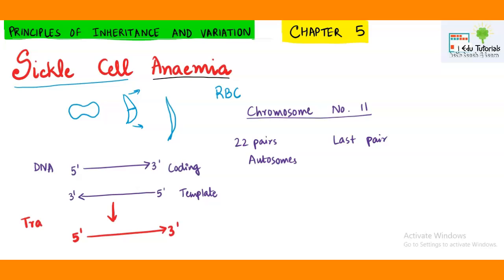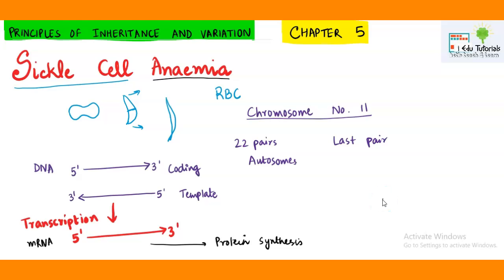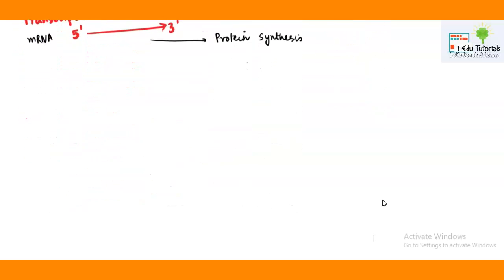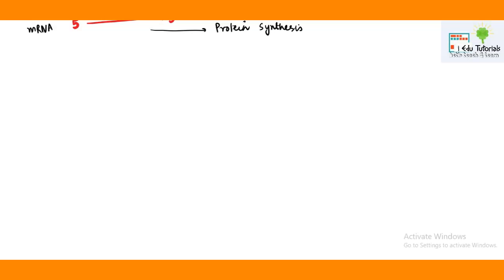Means by the process of transcription, DNA synthesizes messenger RNA, and this messenger RNA helps in protein synthesis, and proteins are actually polymers of amino acids, meaning they contain numerous units of amino acids. Now, as we have understood transcription and protein synthesis, it will be easy for you to understand now.